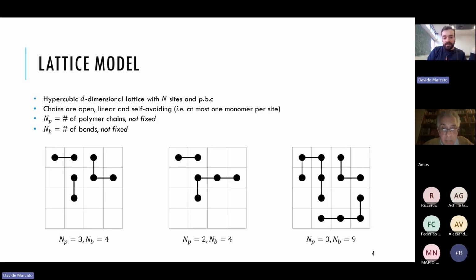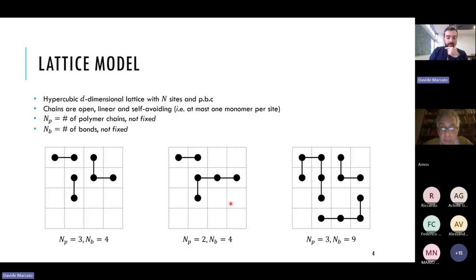So these are three illustrative configurations of this ensemble. You have the first one on the left here, in which you have 3 chains and 4 bonds.